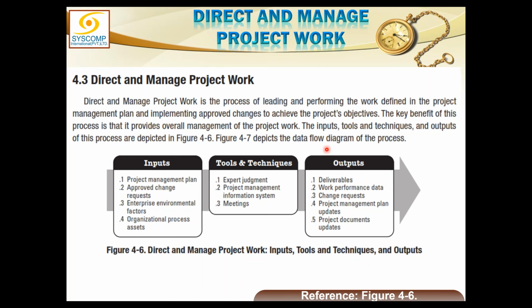When you start doing your activities as per the schedule, the scope starts getting met, time starts getting spent, cost starts getting spent, and that's how you progress. Things will automatically happen, but they have to be bound together as one whole project management plan which is being executed. So we need the project management plan, any approved change requests and so on.